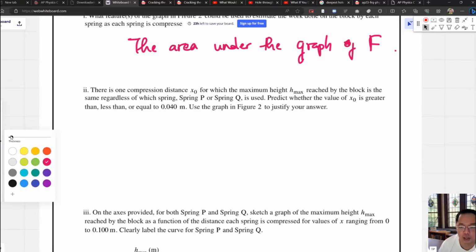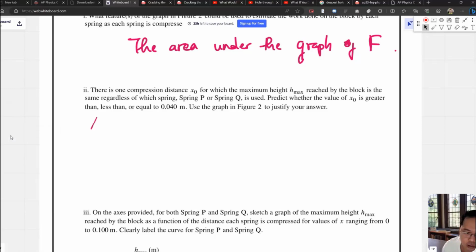Reduce that thickness also, right? Okay, according to the graph, you can write that or not, because they already mentioned it here. So no need to say that.